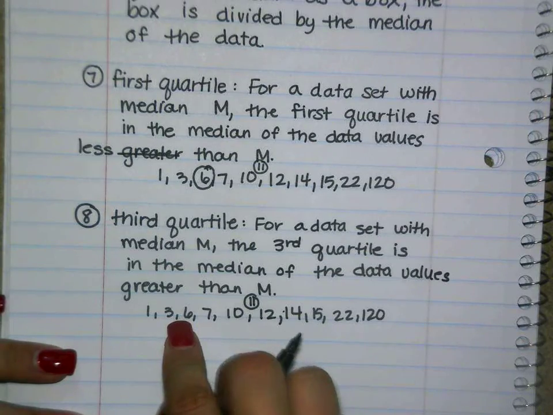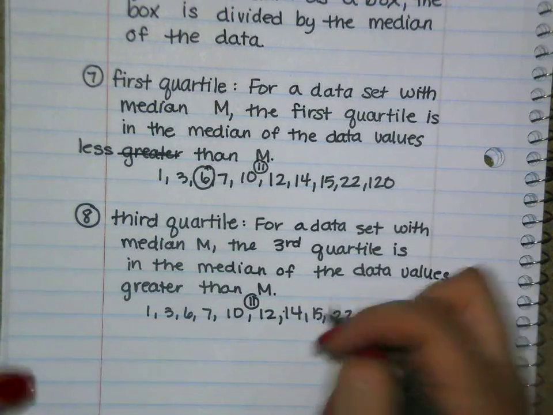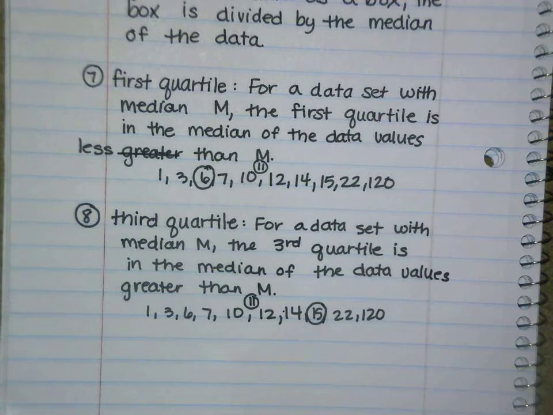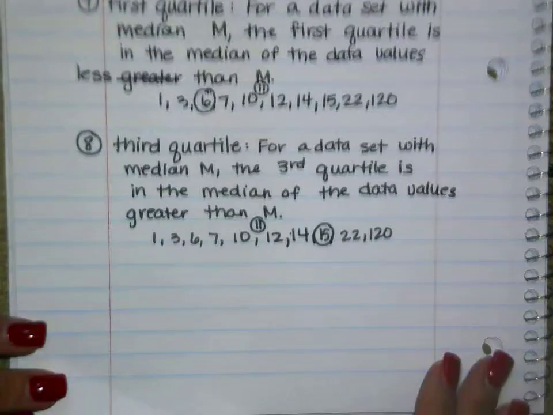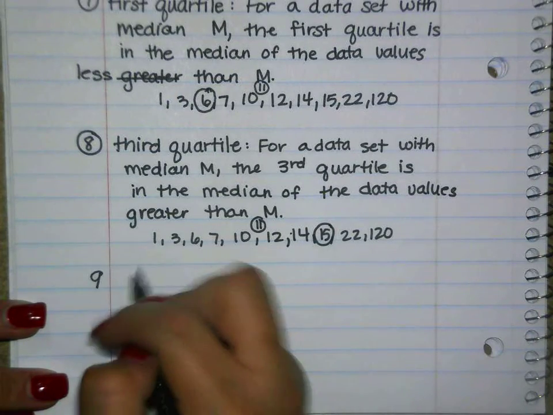We'll talk a little more about quartiles in a second. The last one, number 9, is something called the interquartile range. You could probably guess this would be the range of the quartiles.